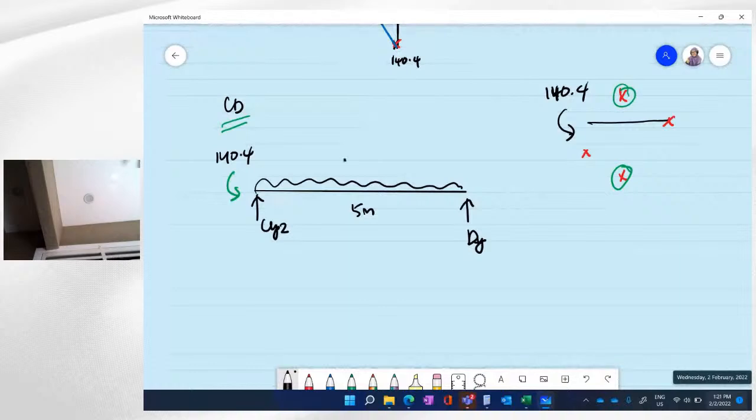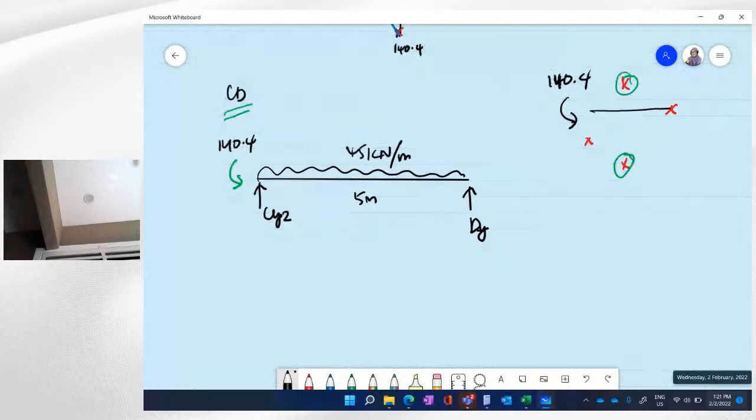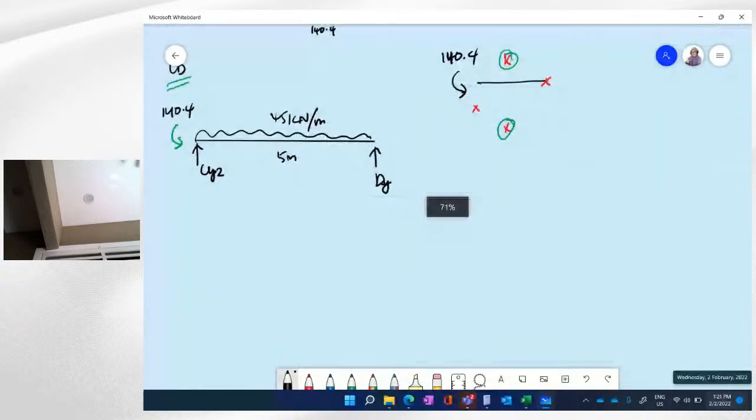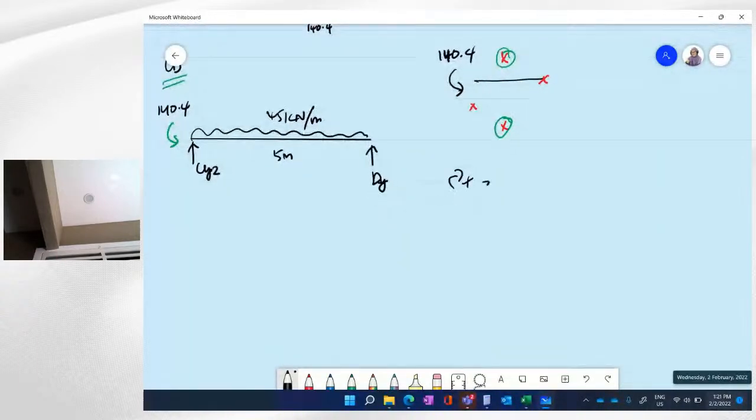So for this UDL, it is 45 kilonewton per meter. So we have to identify the shear. Okay, we take total moment at D equal to 0.